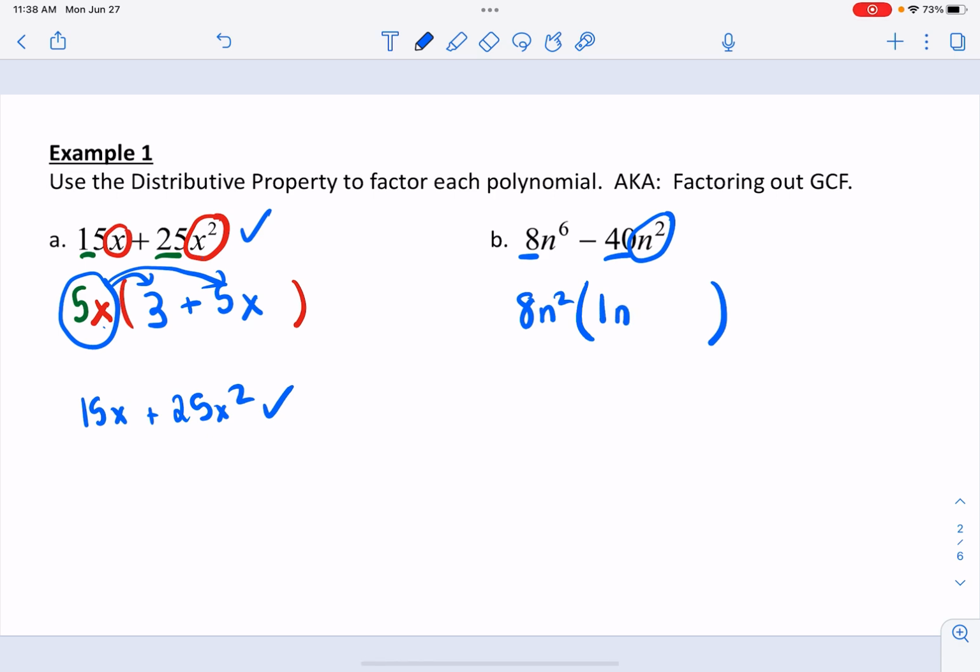N, remember, you're adding the exponents when you multiply. So basically you're doing 6 minus 2, well, that's a 4, because n squared times n to the 4th gets me back my n to the 6th. Minus 40n squared, 8 times 5 is 40, so that's a 5. This would be my answer, but if I were to redistribute it back in, you should get what we have up here.